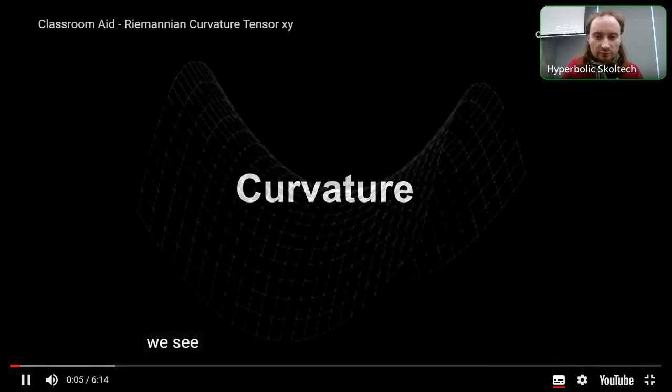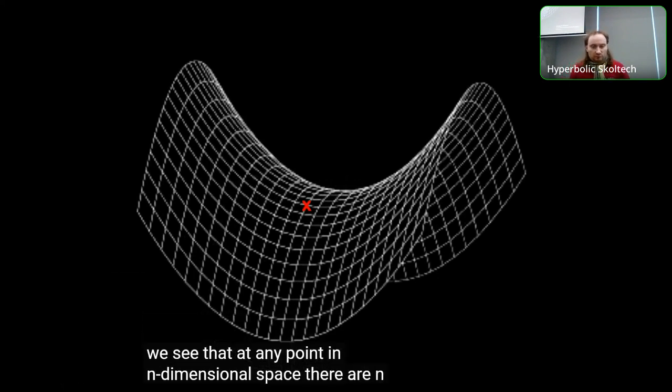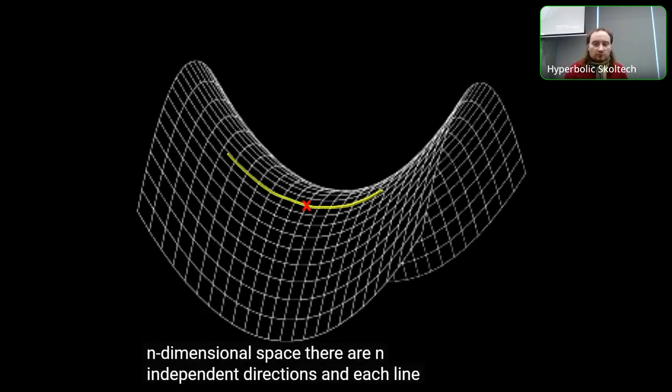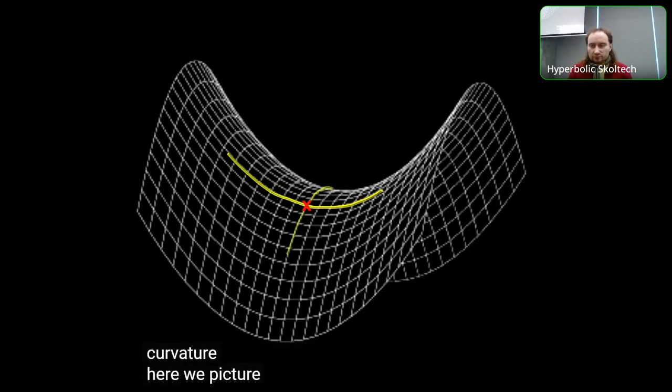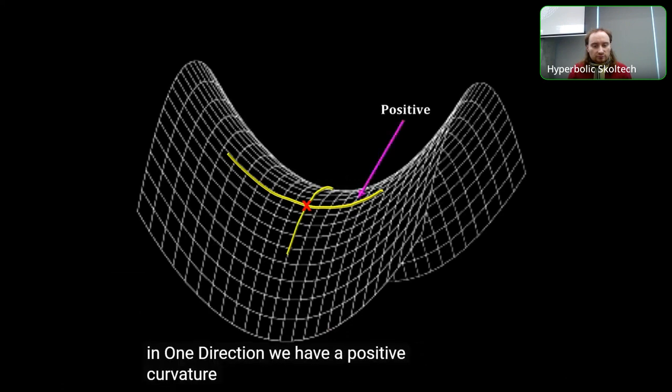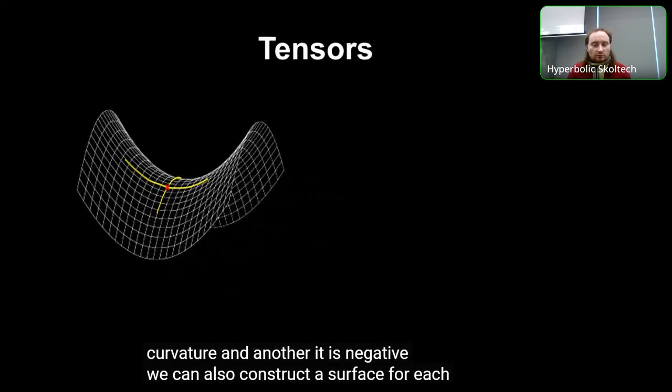We see that at any point in n-dimensional space, there are n independent directions, and each line through a point can have a different curvature. Here we picture just two. In one direction, we have a positive curvature. In another, it is negative. We can also construct a surface for each dimension.